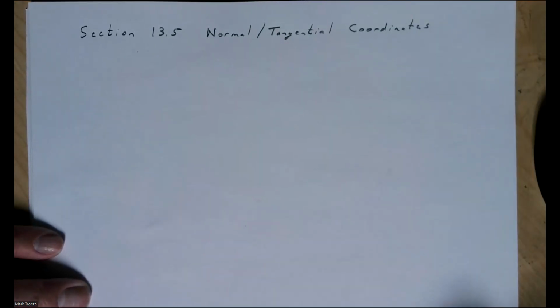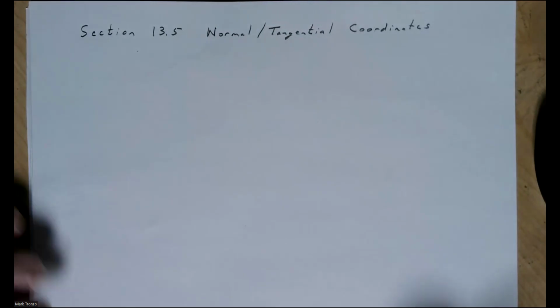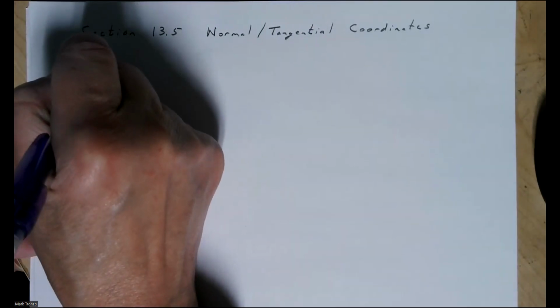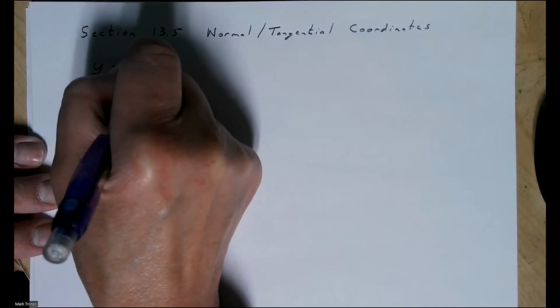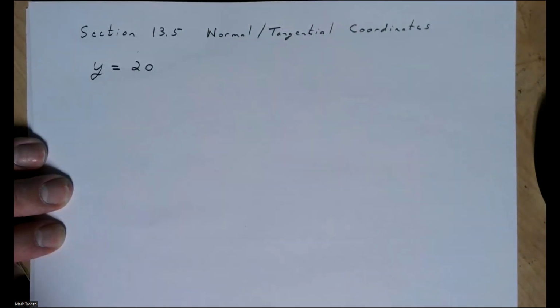So we're going to need to eventually find the normal acceleration, and so we're going to need to know the radius of curvature. And we're given the equation of the hill, y equals 20.